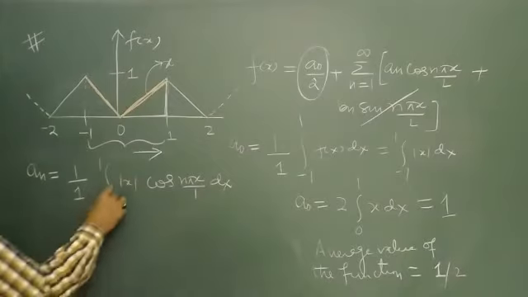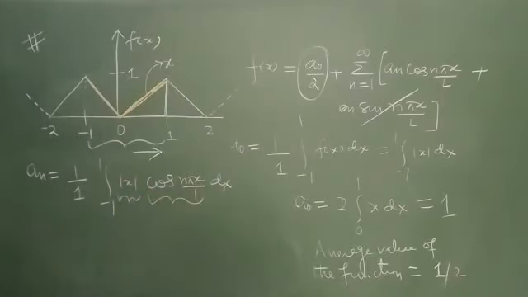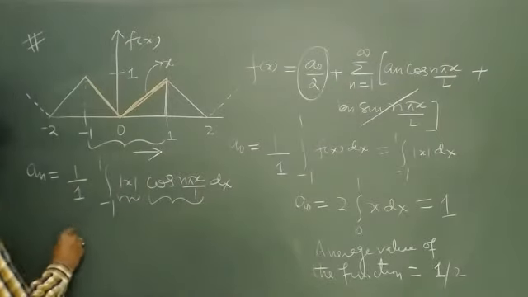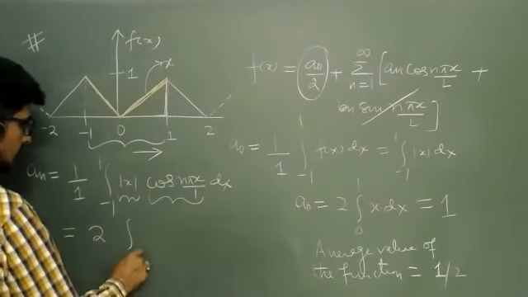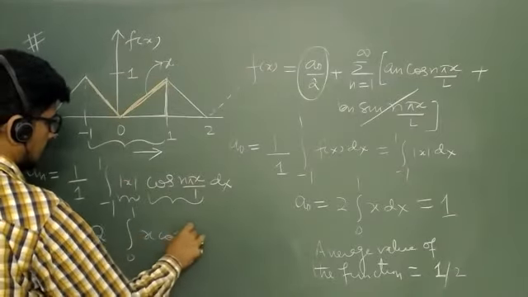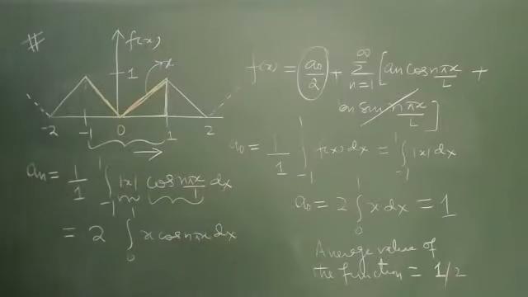Now this is an even function, this is also an even function, and even into even will be what? It will be even. So I can write it as 2 times integral 0 to 1 of x cos n pi x dx, right?